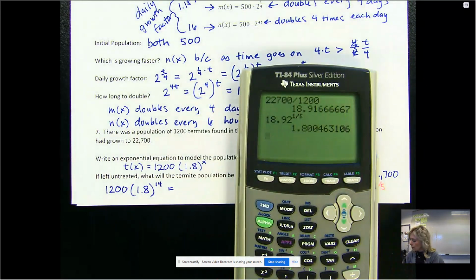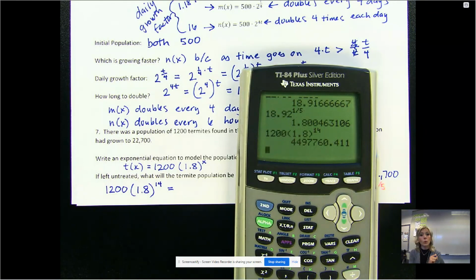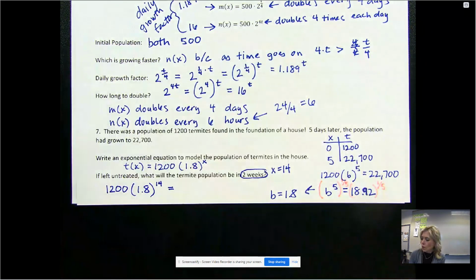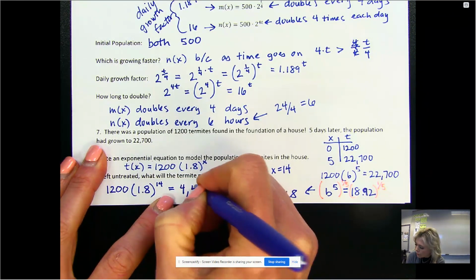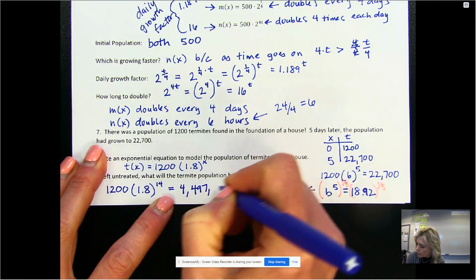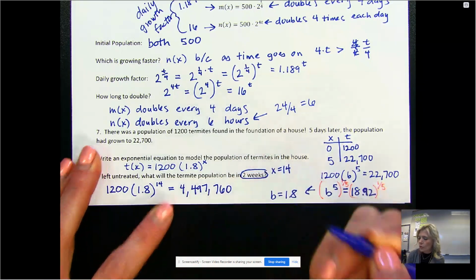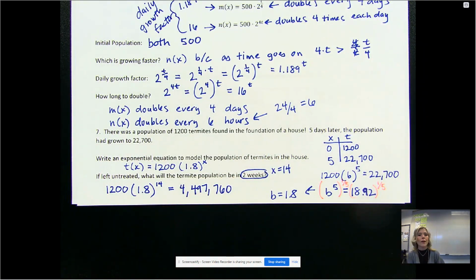And let's see what it is. It's a whole lot of termites, over 4 million. 4,497,760 termites. That's a lot of bugs. All right, if left untreated.